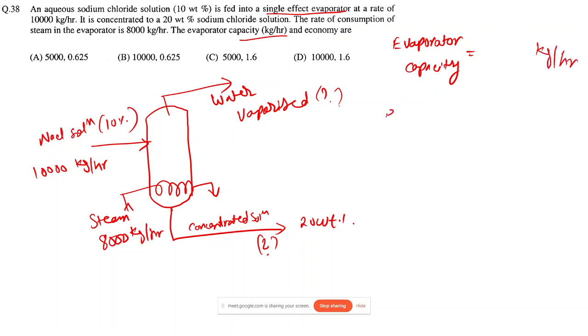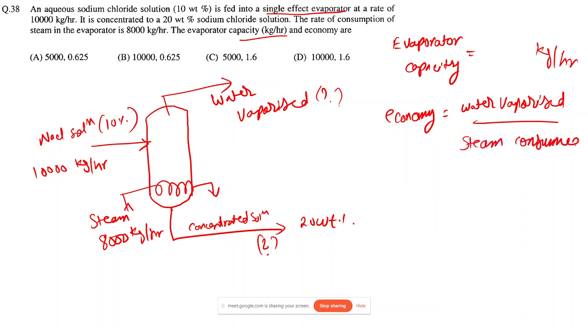And then steam economy, we define it as water vaporized, that is evaporator capacity, upon steam that has been consumed to evaporate this solution, that is steam that has been fed to concentrate this solution. So we can simply do a mass balance across this system and find the relevant quantity, that is the water vaporized.